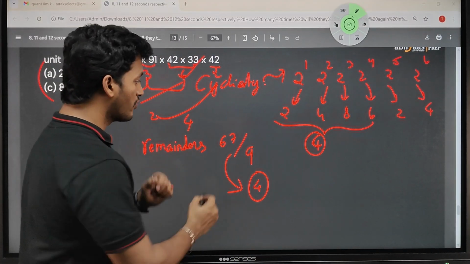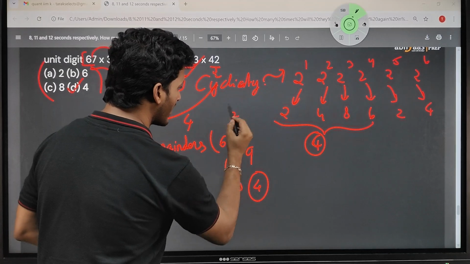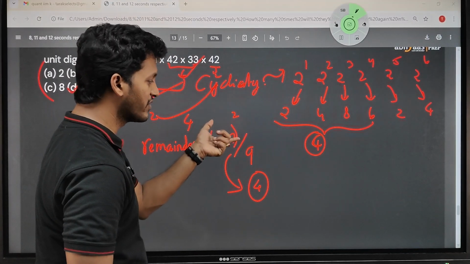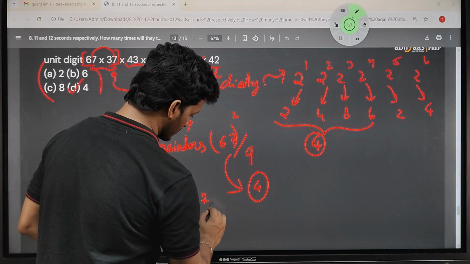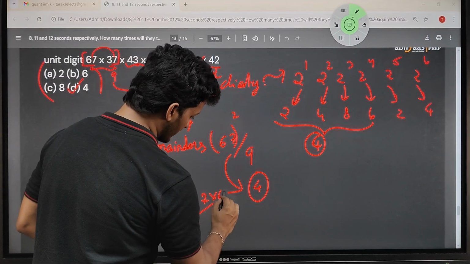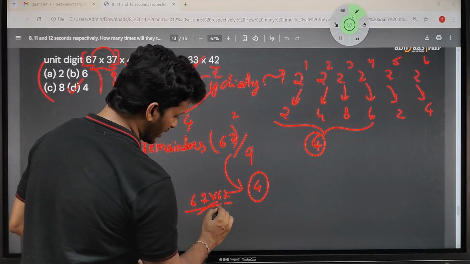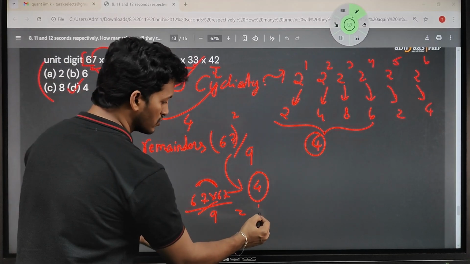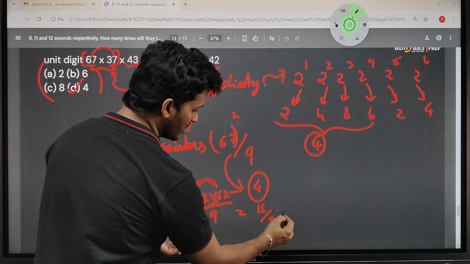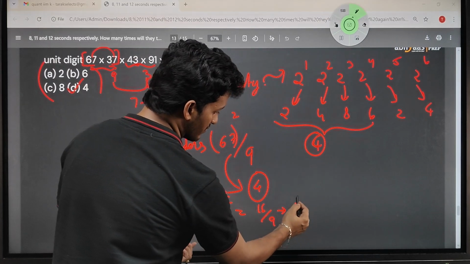But what if I divide 67 square with 9? It's nothing but 67 into 67 divided by 9. So we can multiply these two remainders as well. So 16 divided by 9, the remainder is 7.